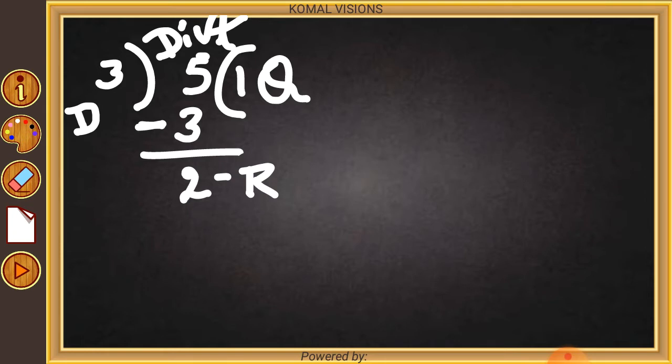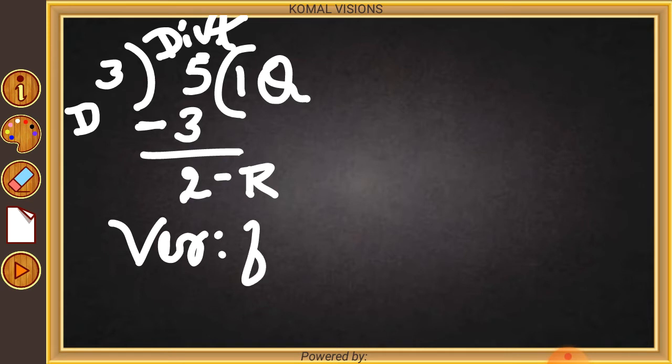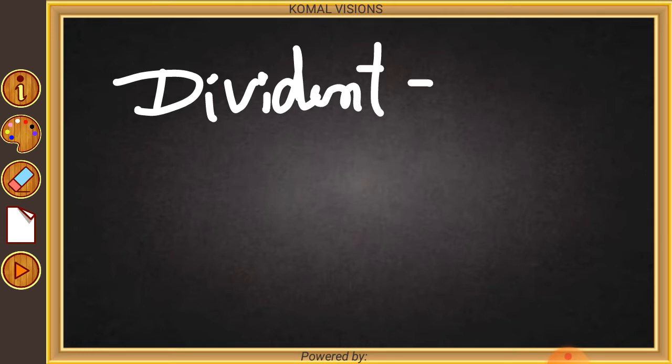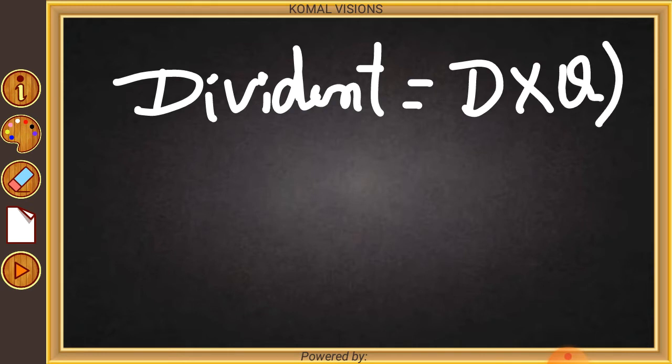So there is a formula in order to verify whether we have done this division correctly or not. How to verify? You might have seen in your lower classes, the dividend is equal to divisor into quotient plus remainder.